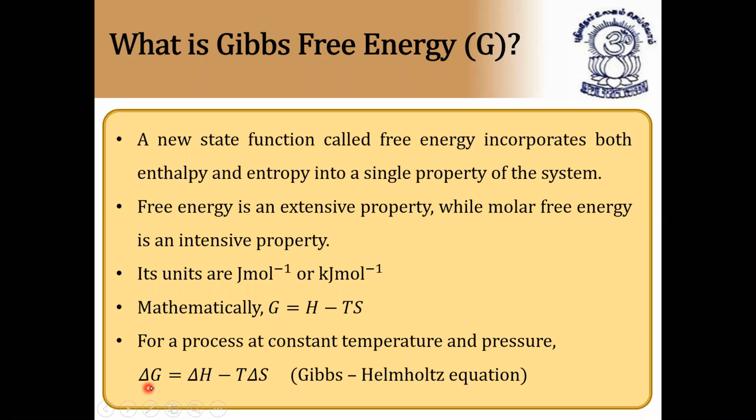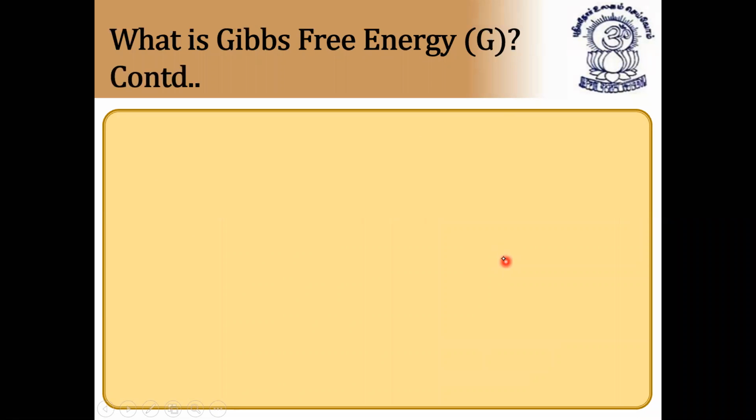This is the Gibbs-Helmholtz equation, very important: delta G is equal to delta H minus T delta S. The free energy is a state function which incorporates both enthalpy and entropy into a single property of the system. I hope it is clear.